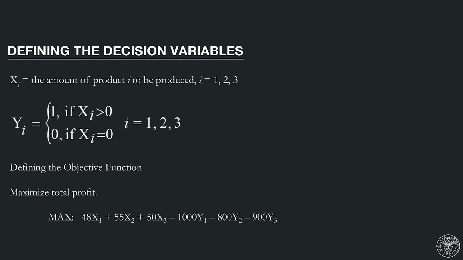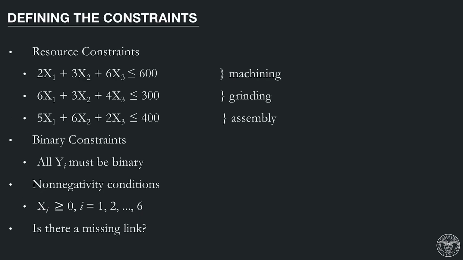If y1 equal to 1, it means we set up the machine to produce product 1, so that we incur 1000 setup cost. But if y1 equal to 0, we don't set up the machine, we don't incur the setup cost. The same applies to product 2 and product 3.